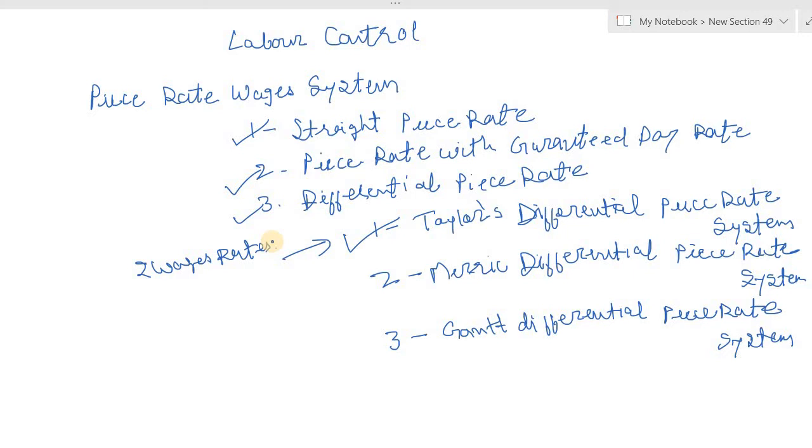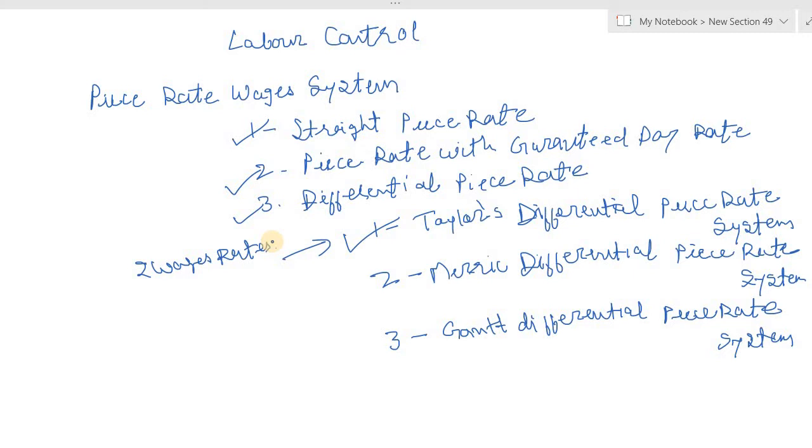First of all, by comparison of actual production by workers with the standard production, we have to compare the work done by the particular worker. It is decided whether the worker is efficient or inefficient, and then his wages are calculated accordingly.